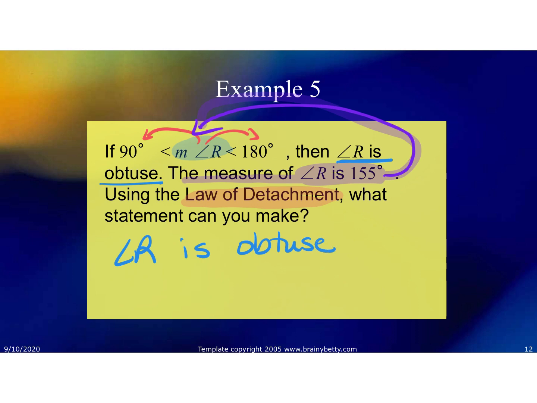So if the statement they give you satisfies that hypothesis, then you can make the conclusion that follows the word then. If I would have told you that angle R was 40 degrees, then you couldn't make the conclusion that R was obtuse.